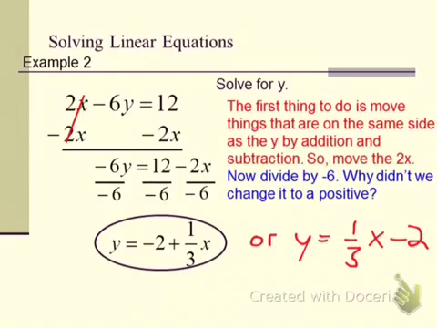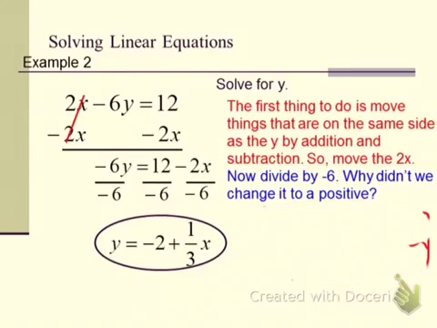Can it be written either way? Yeah, it can be written either way, unless I specifically said to put it into slope-intercept form. Slope-intercept form really has to be mx plus b, so the x term would need to come first. Mac, what's your question? What is the new part about this? The new part is coming up.